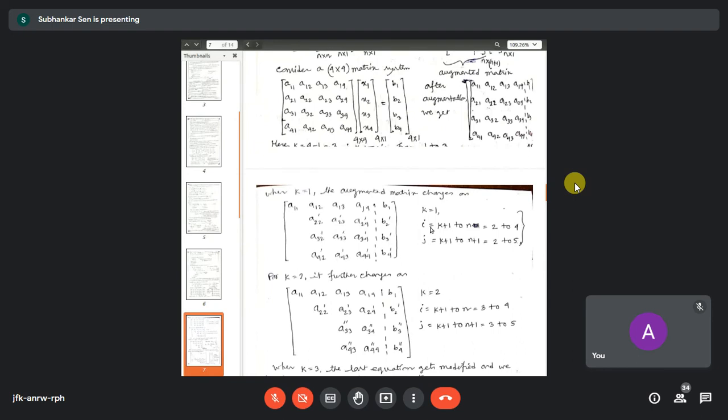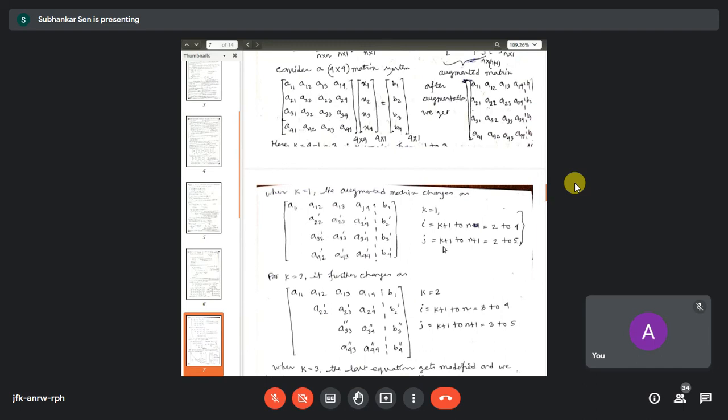Starting when k is 1, from the second row up to the last row, the second row, third row, last row, all the terms will be modified. So A will be A dash, all A's will be A dash, and B will be B dash. So this is for the rows.